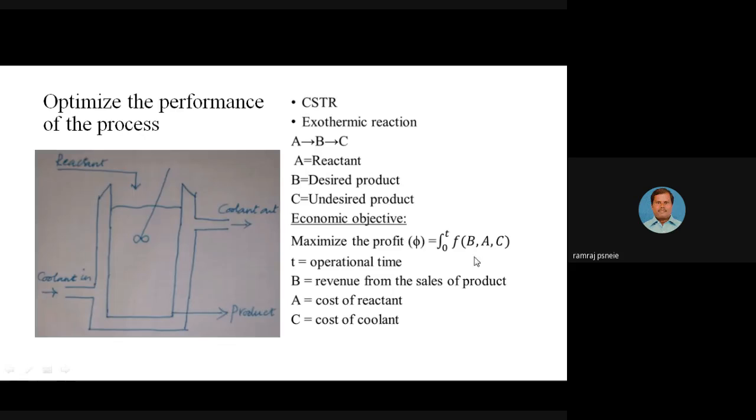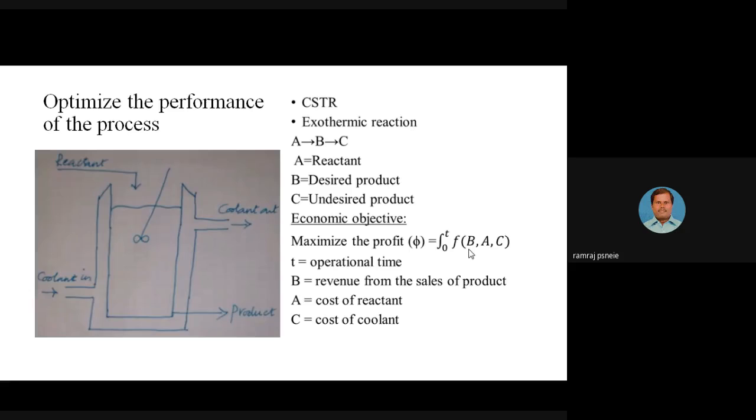The profit depends upon three factors. Maximize the profit pi, equal to the integration from 0 to t of B, A, C, where t is your operational time, and B is the revenue from the sales of product. From the plant, we are producing some products.